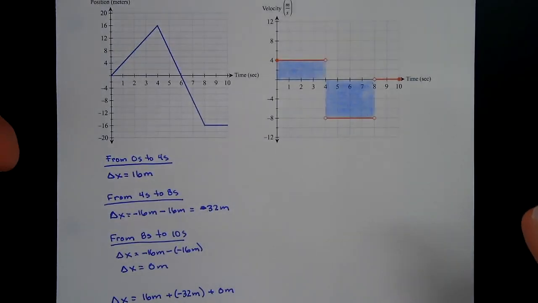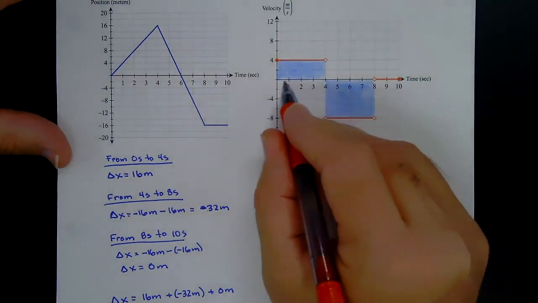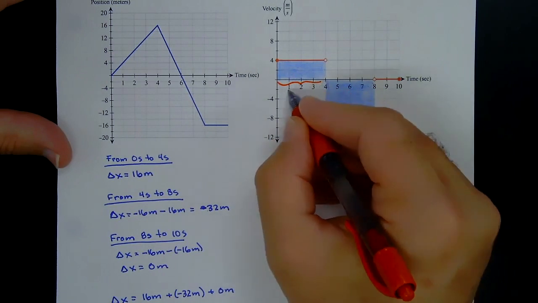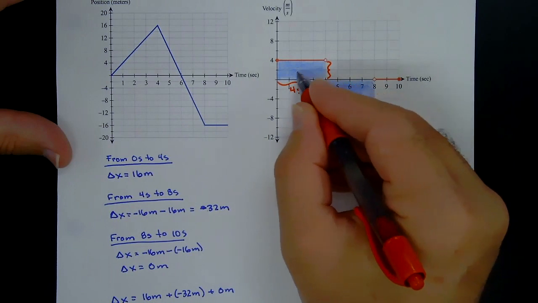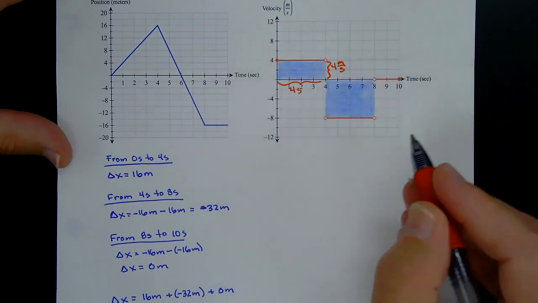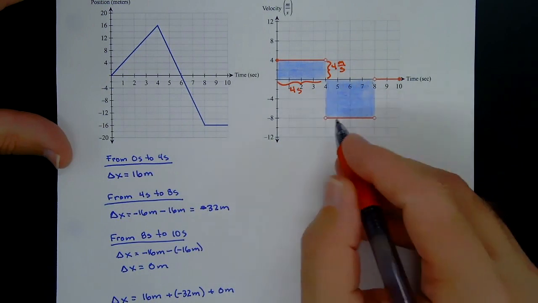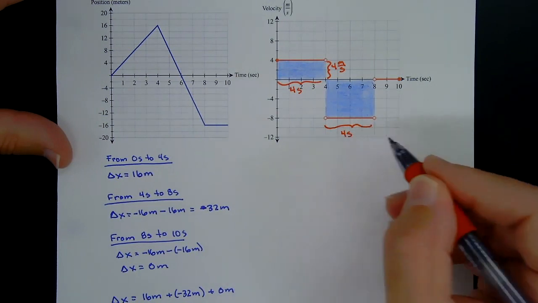Okay, so I've shaded them in. To find this area, this base would be 4 seconds, and the height would be this, which is 4 meters per second. For this one, the base would be right here, from 4 to 8, so the base here is also 4 seconds.